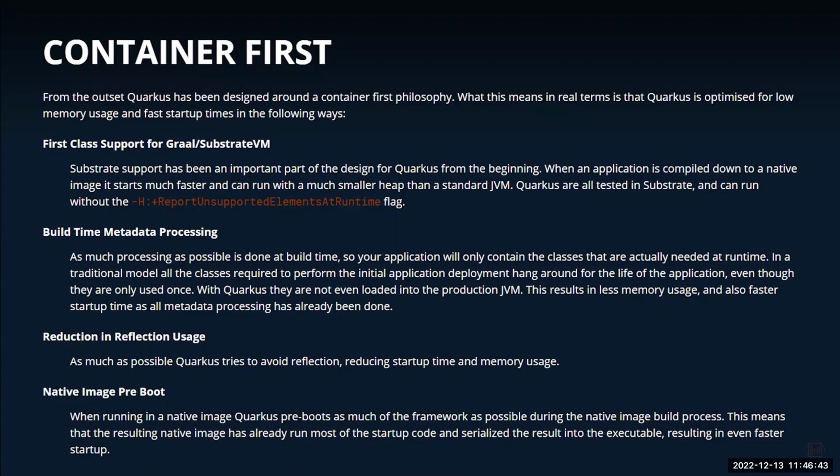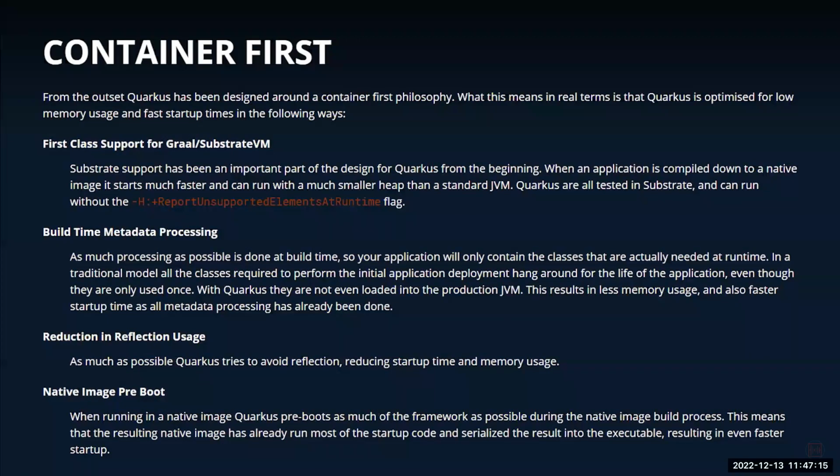What Quarkus does is, while the application is being built, it ensures that any useless classes which are not required during runtime are removed when the actual runtime is happening. So at build time, Quarkus figures out which classes are required and which are not.